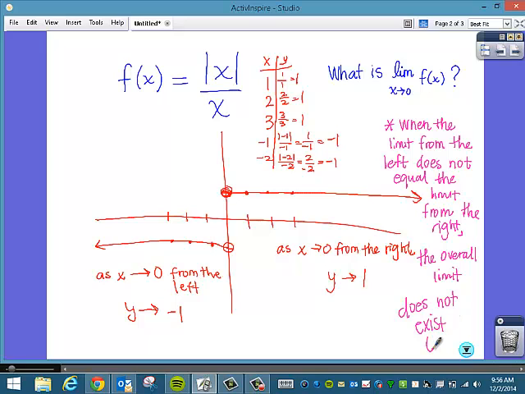And feel free to abbreviate does not exist as DNE. So just like Lindsay Lohan in Mean Girls, limits that don't exist in this situation.